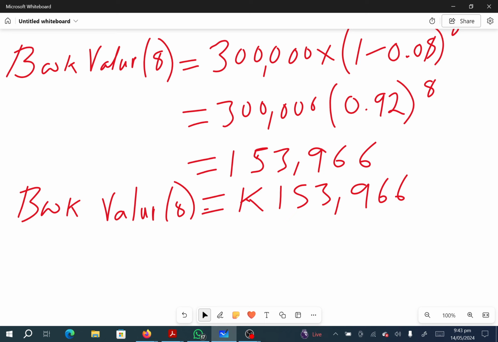Now the question is asking us the profitability of selling the machine at 120.